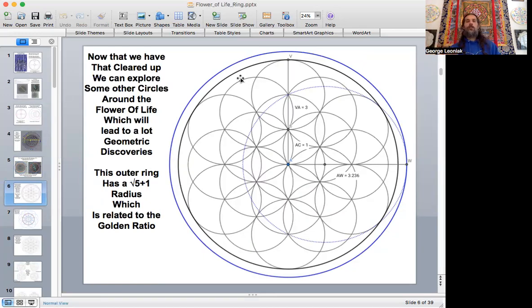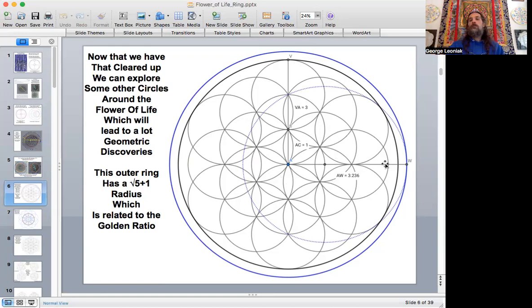We're going to switch gears from the egg and the Zona Pellucida into how the platonic solids and other forms, the golden ratio of forms in particular, are all discovered when we have an outer ring around the traditional layout of the 19 circles of the flower of life.